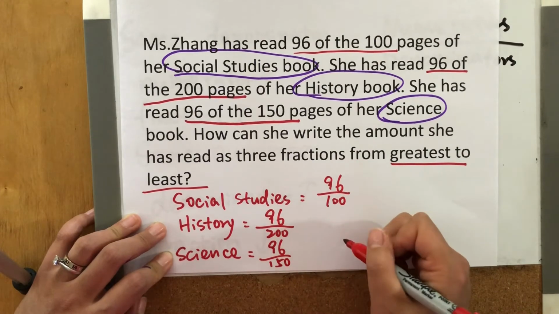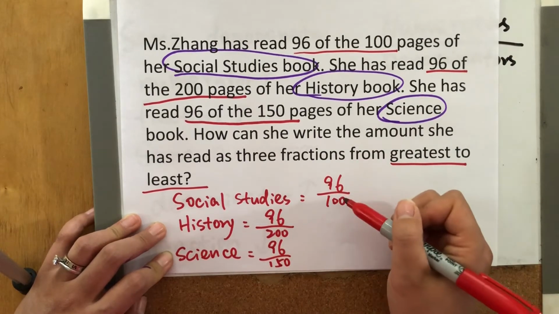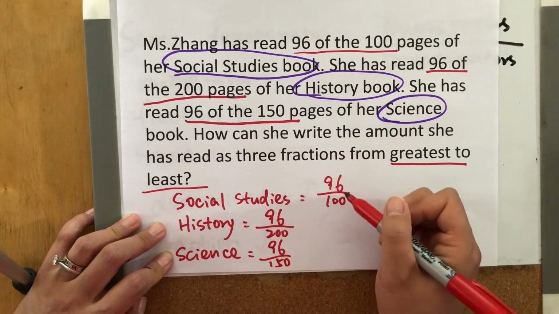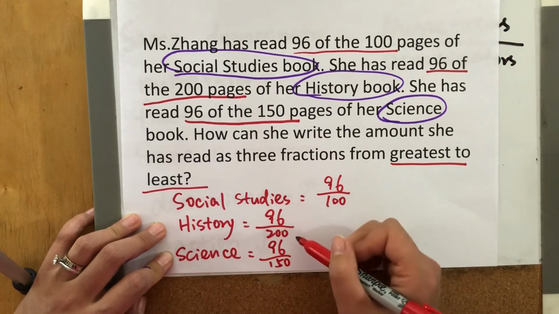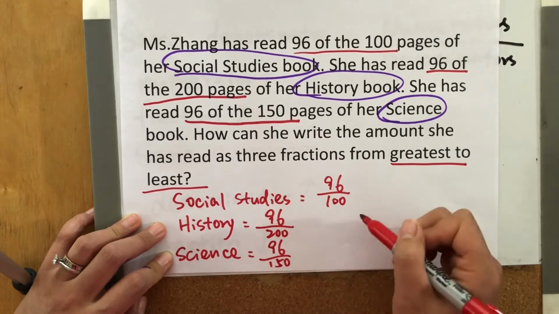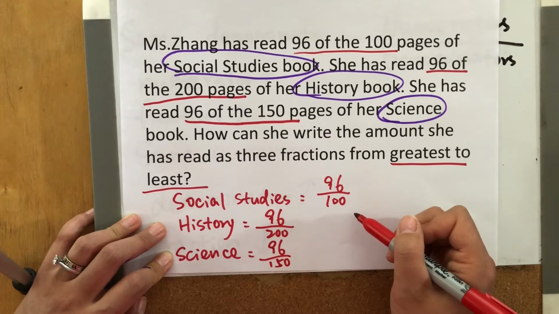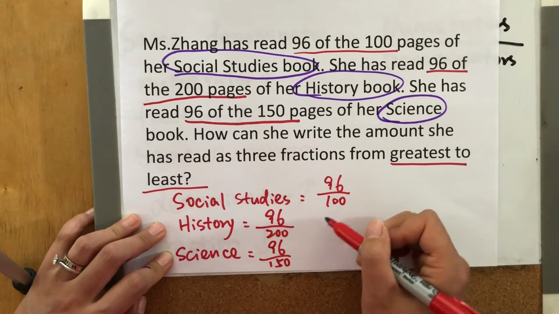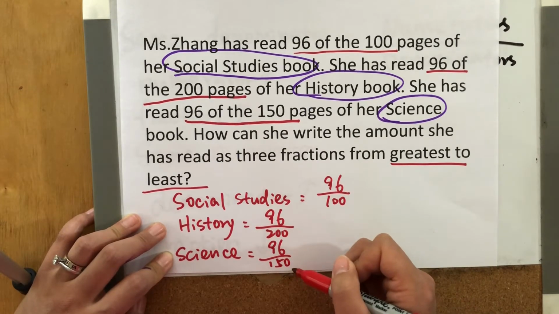What we have learned in the past, they have the same numerators on the top, 96 for all of them, but different denominators. So 100, 200, and 150.